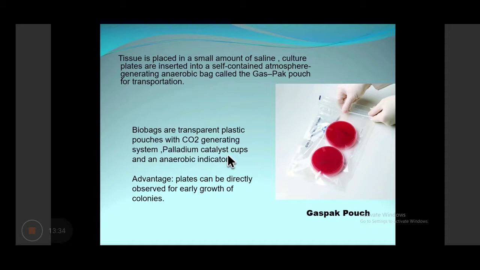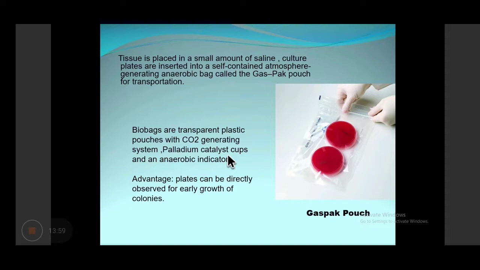The advantage of this is that we do not open the plate. We can observe the plates directly in this kind of polybag. So early growth of colonies can be read without opening the plate. This is the advantage of this gas pack pouch.